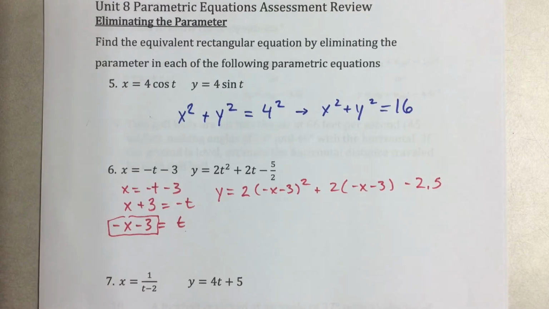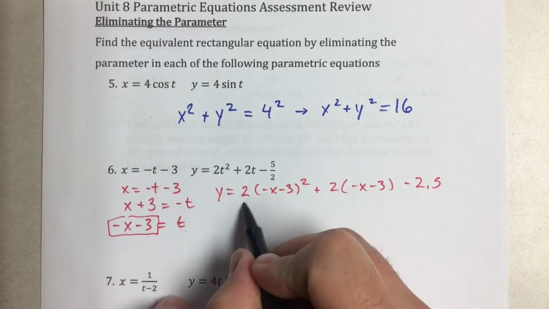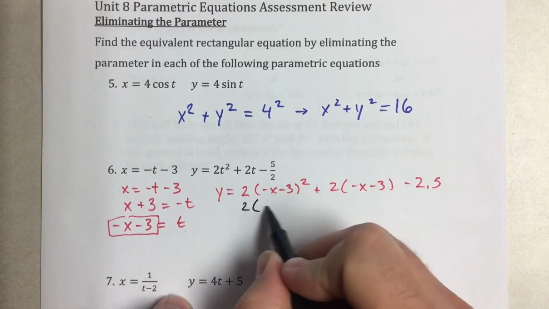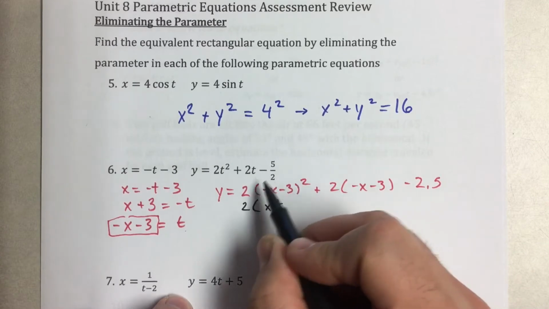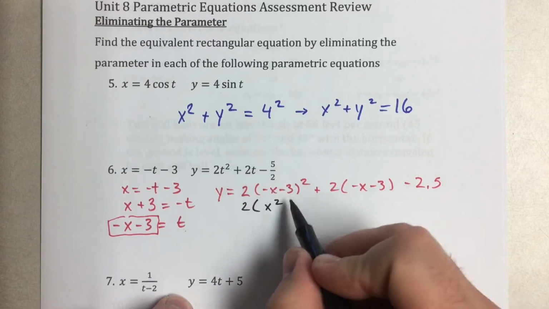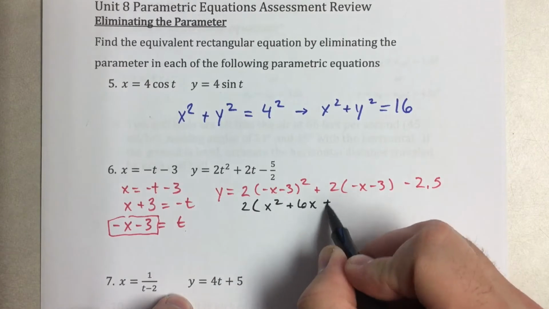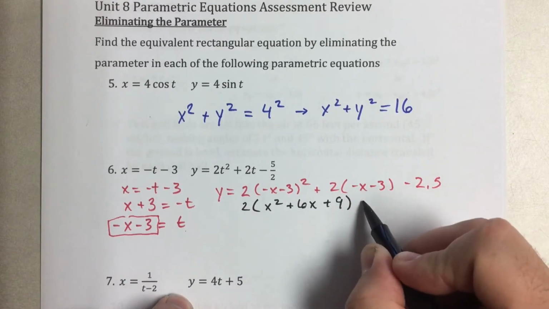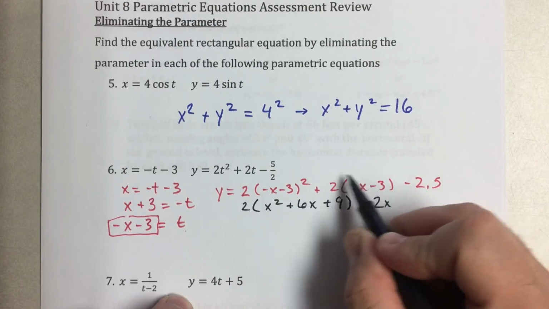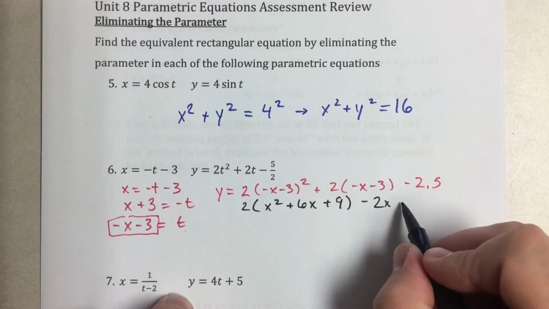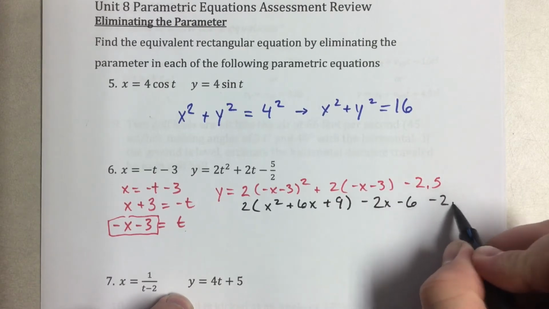And we simplify from this point forward, so you're just going through the solving process quickly. We get positive x squared, positive 3x, positive 6x, and positive 9. And we get minus 2x because we're distributing, and then minus 6, minus 2.5.